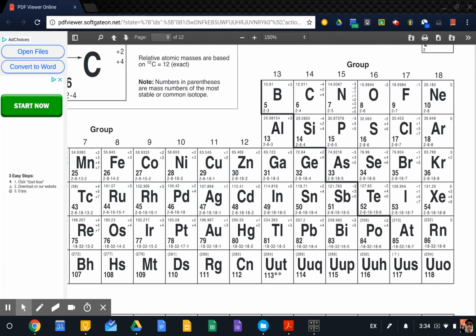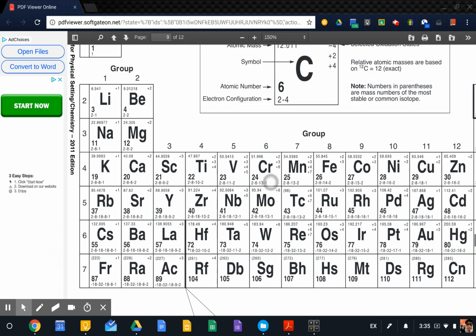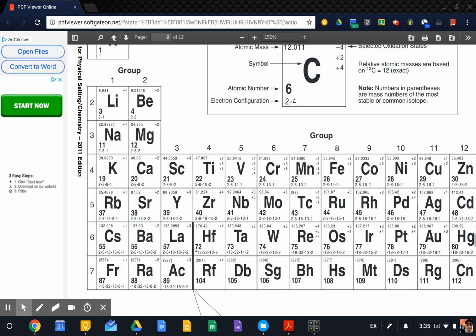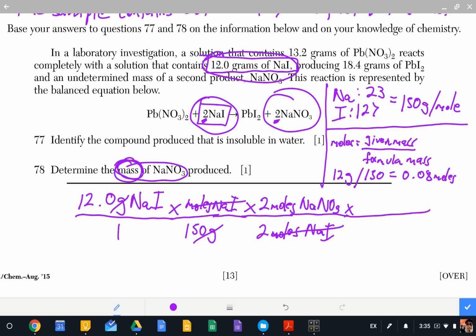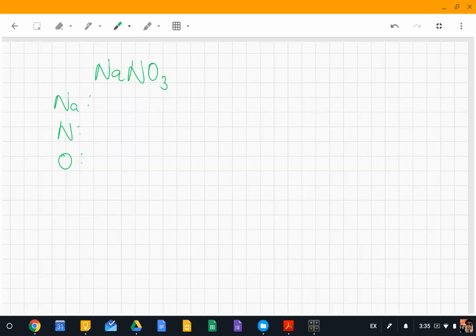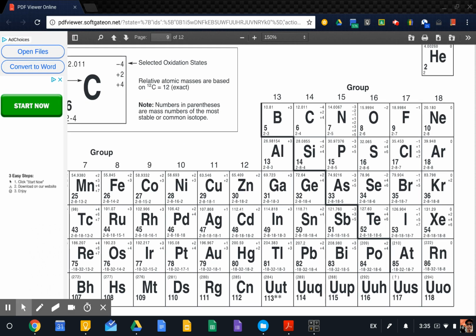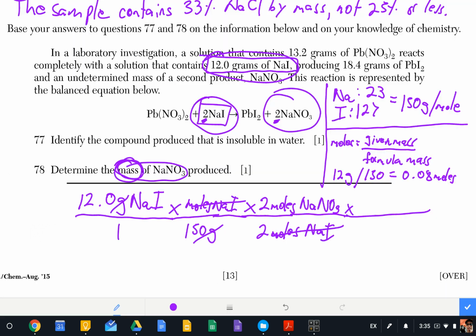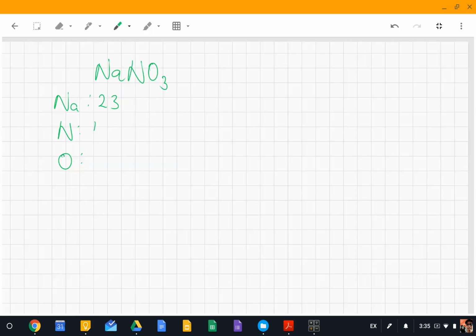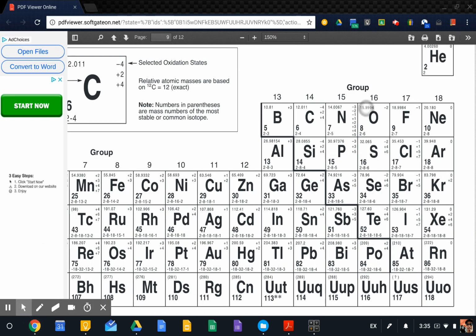So let's go back to the periodic table. Sodium's mass is 22.9, so that's about 23. There's only 1, so that's 23. Nitrogen, there's only 1 nitrogen atom there, so nitrogen's mass is about 14. And oxygen, there's 3 oxygens, so 3 times the mass of oxygen, which is approximately 16.